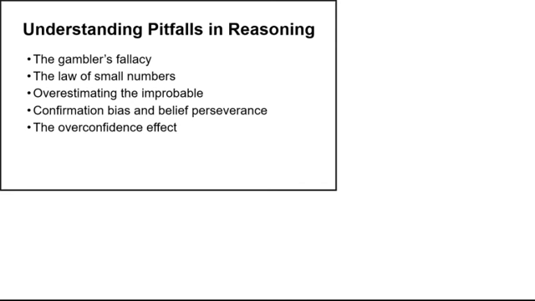We also have issues with confirmation bias and belief perseverance. So we talked about confirmation bias as it relates to researchers, where a researcher will be more likely to interpret ambiguous information in a way that supports their hypothesis.